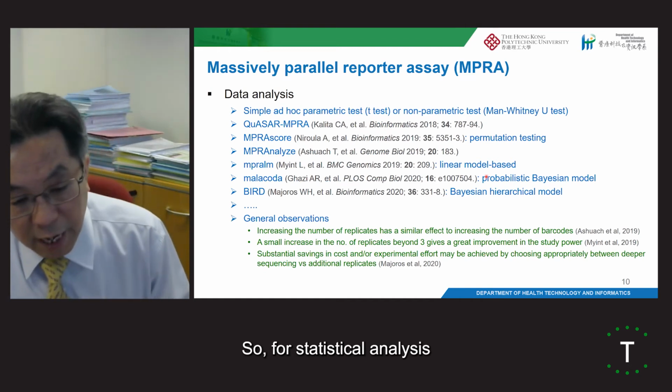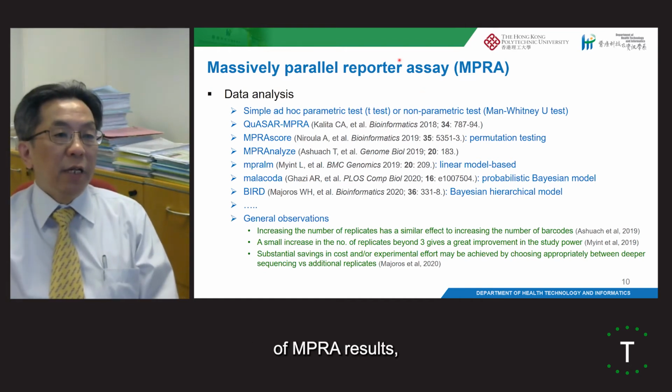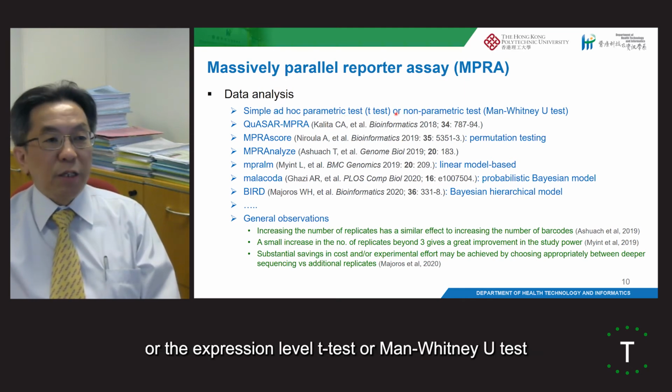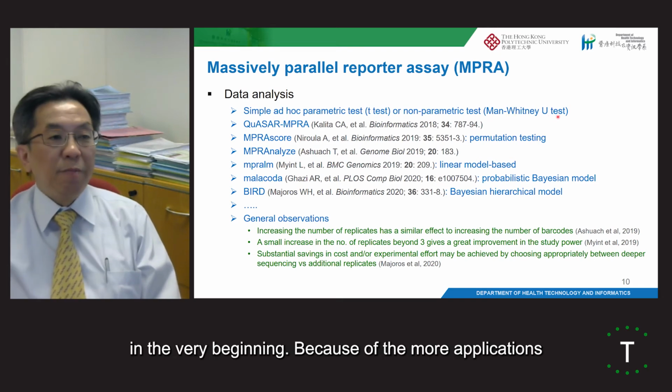For statistical analysis of MPRA results, that starts from simple use of parametric or non-parametric tests of the expression level, t-test or Mann-Whitney U-test in the very beginning.